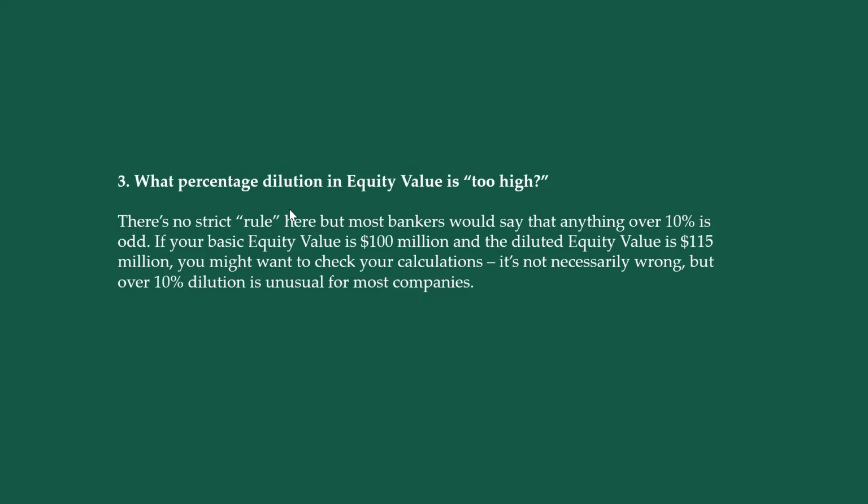That is why you should have knowledge about the company's capital structure, how they have raised money, and how much they have raised in the past. So 10% is high, and above 10% is a red flag.